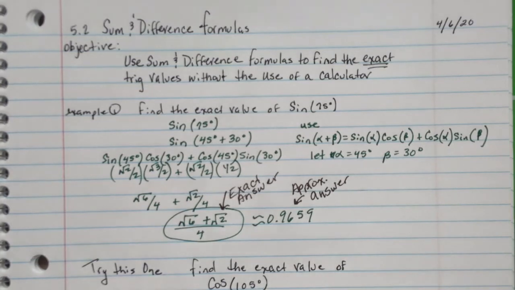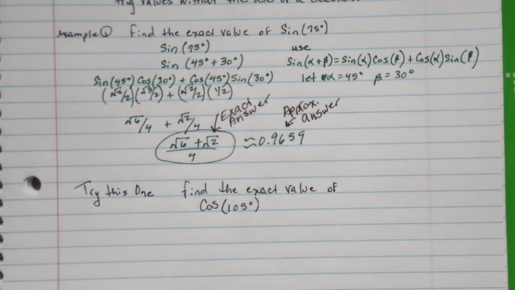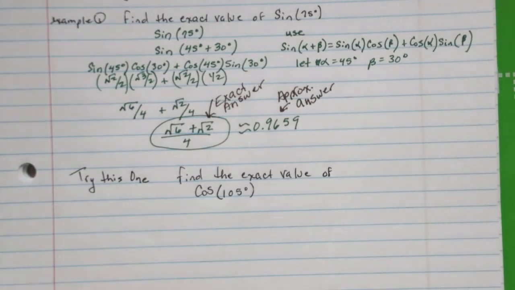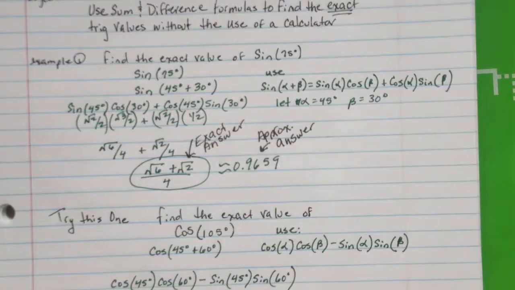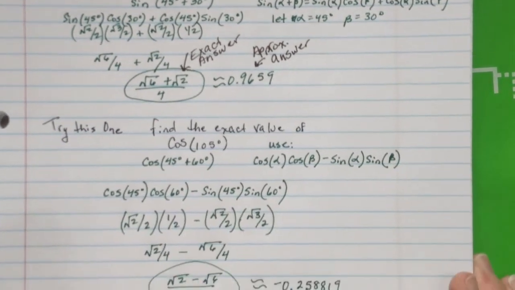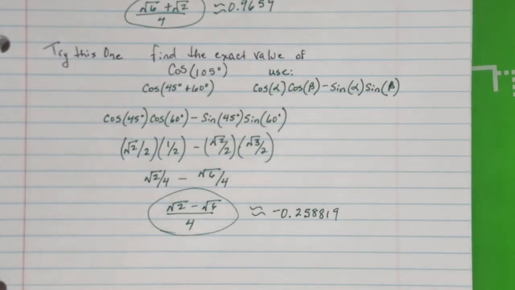So I want you to do this without the use of the calculator. So find the exact value, pause here, work it out, and then come back and let's see how we did. So hopefully we're in agreement that cosine of 105 degrees is the square root of 2 minus square root of 6 over 4.